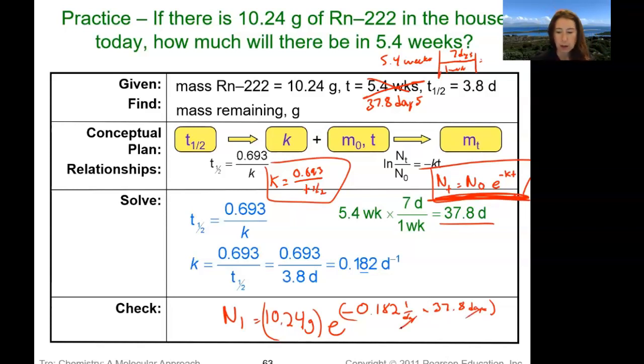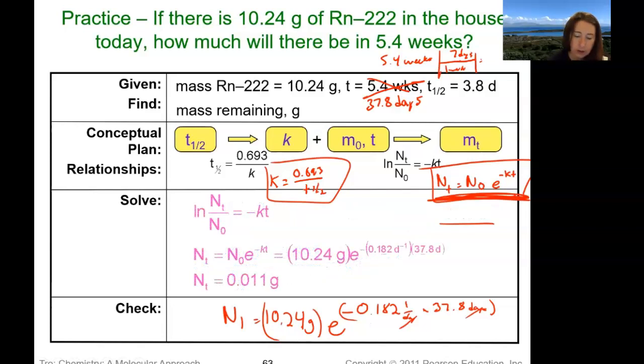All right, so we just see what we get. We get 0.011 grams left.